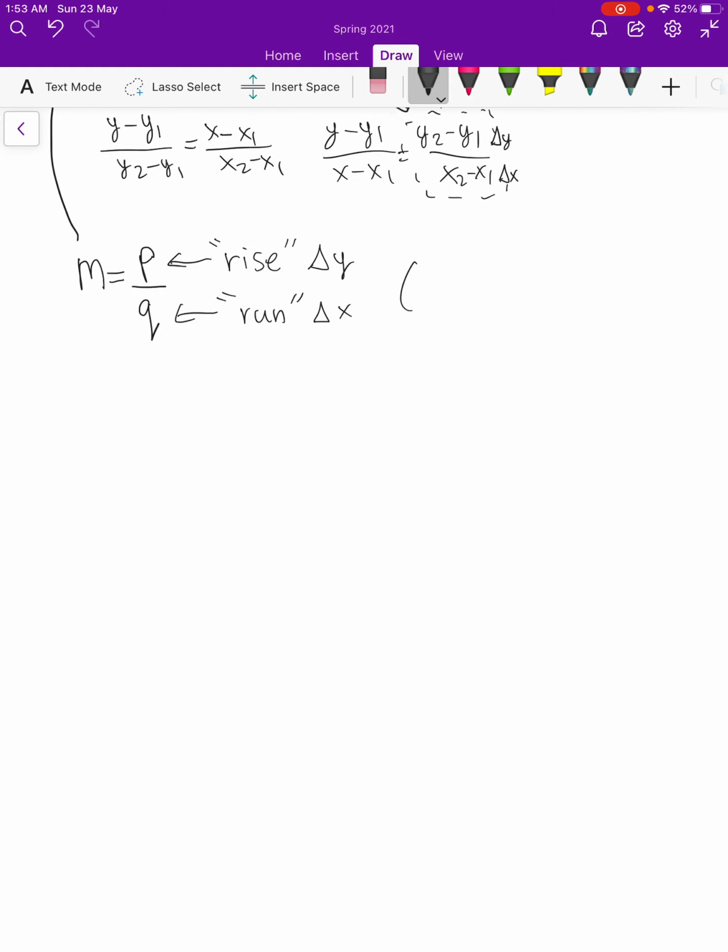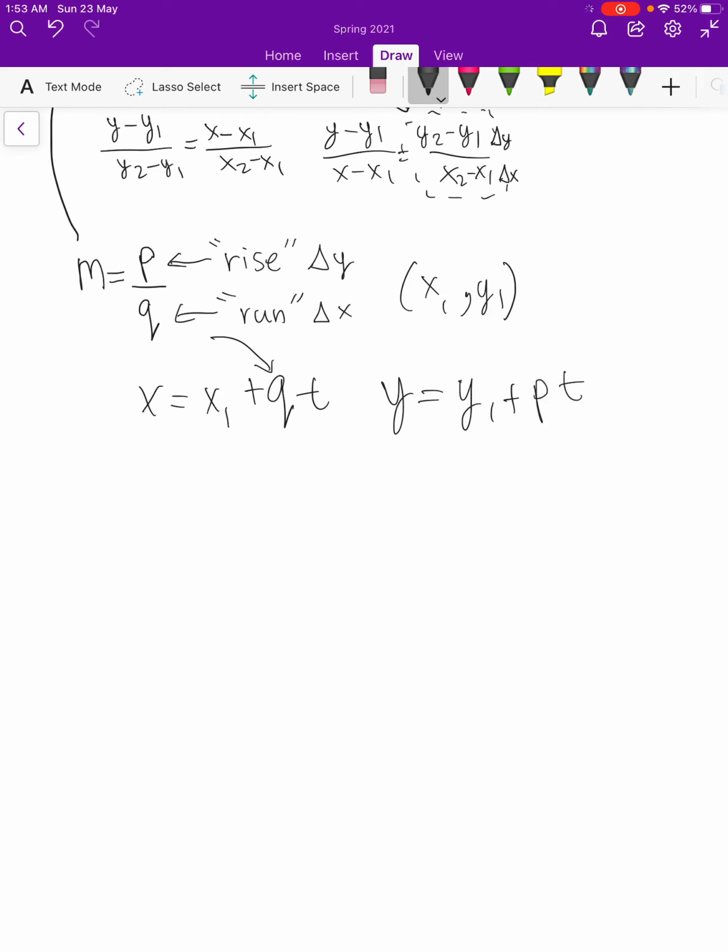So we need a point x1, y1. Now our equations are x is equal to x1 plus q times t. Now I should label it q, run, dependent on x. y is equal to y1 plus pt.